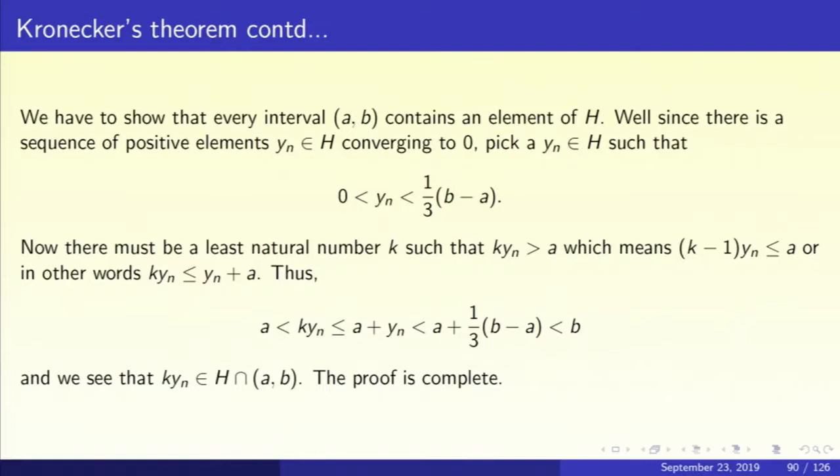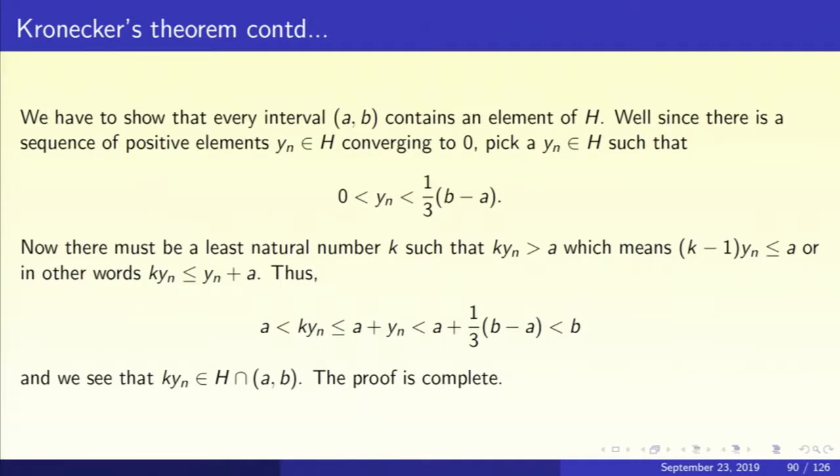So now we shall show that every interval (a, b) contains an element of H. Now since mu is the infimum and mu is 0, I can find a sequence of positive elements yn in H converging to 0. So pick a yn in H such that 0 is less than yn less than 1/3 of (b minus a).